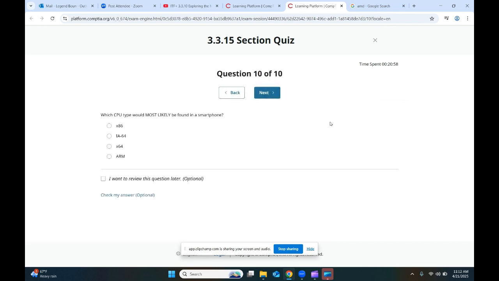Okay. Which CPU type would most likely be found in a smartphone? I don't know how up to date this was. I think phone manufacturers widely switched to 64-bit when I was in like freshman year.